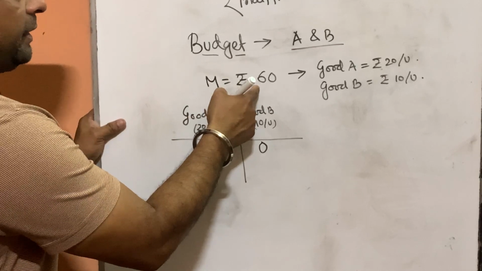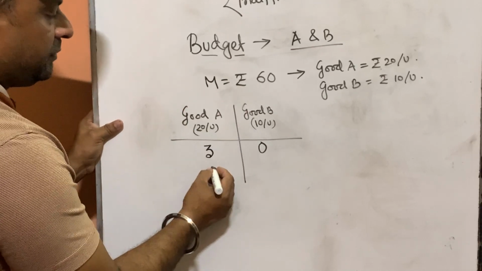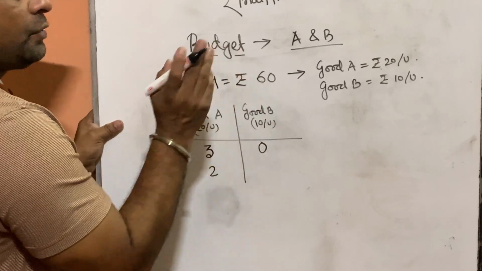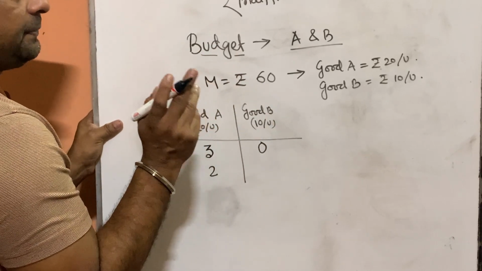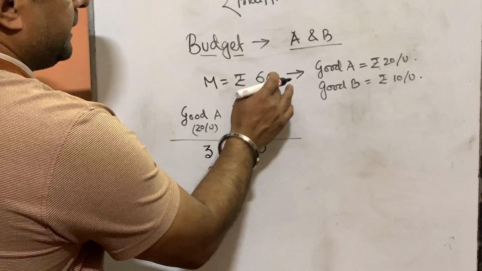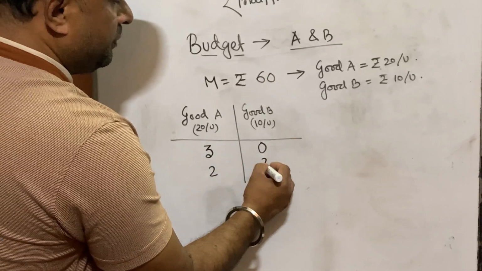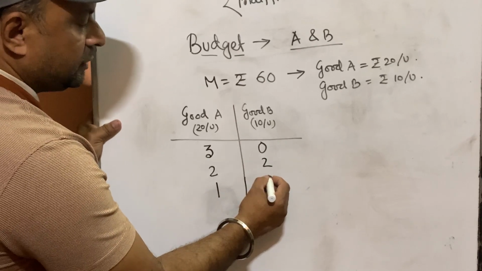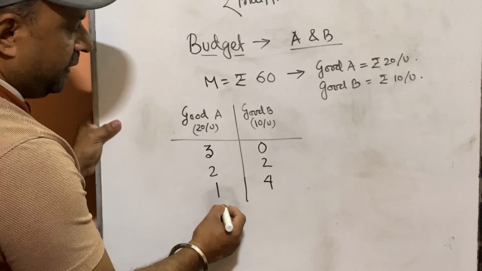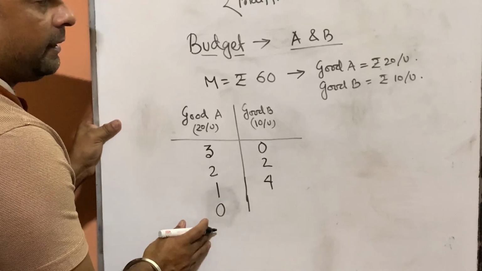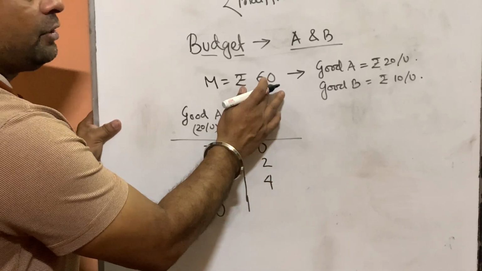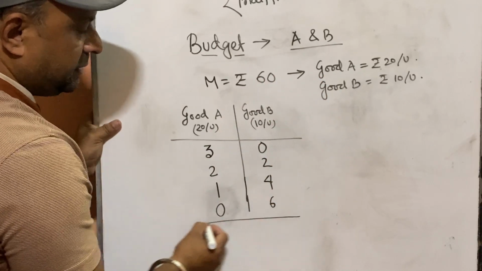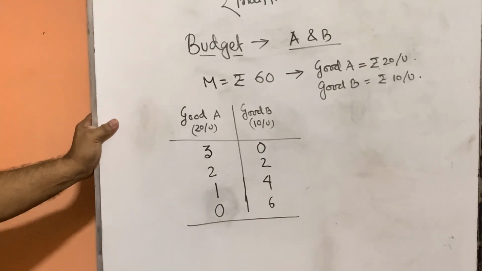Now if he reduces the consumption of good A from 3 to 2, he will spend 40 rupees on good A and 20 rupees will be left in his hand. With these 20 rupees he can purchase 2 units of good B. If he consumes 1 unit of A, he can consume 4 units of good B. If he doesn't consume A, then he can spend all the money on good B, and 60 divided by 10 means 6 units of good B.